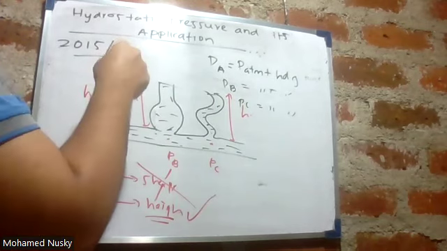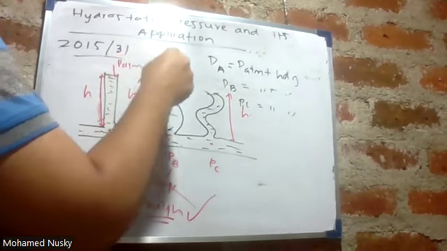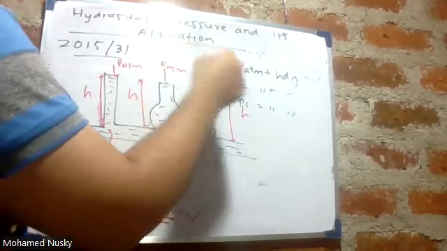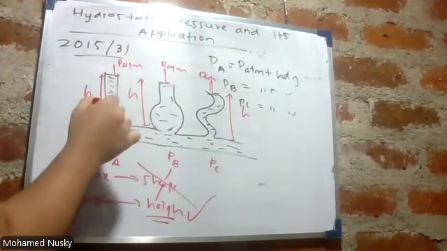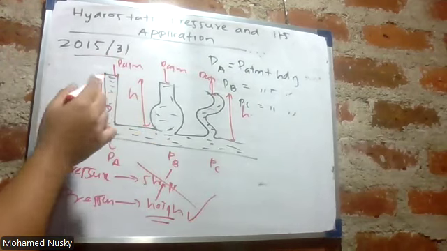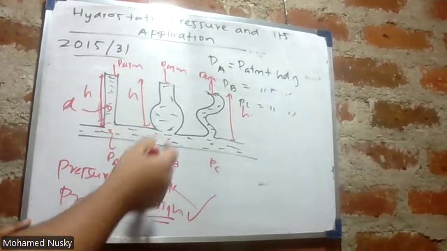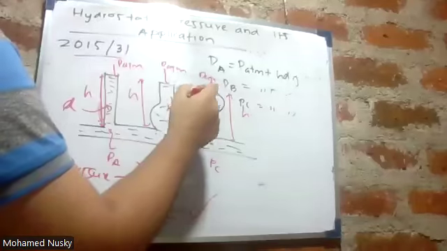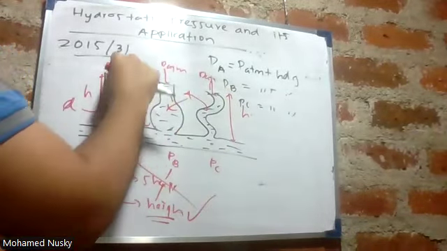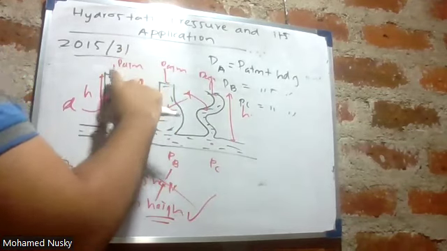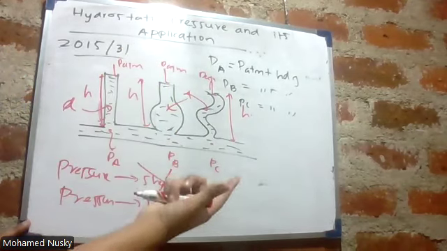Because at all the points, the atmospheric pressure P atm acts at the same level. Now let me take the density as d. Here also the same liquid, no? So density d. Therefore, pressure at A is equal to P atm plus hydrostatic pressure.